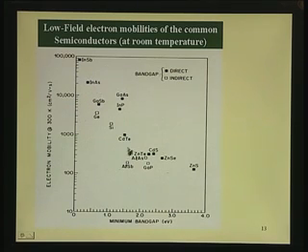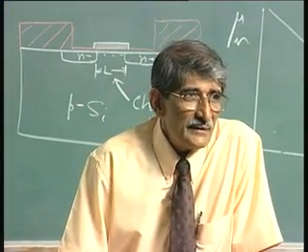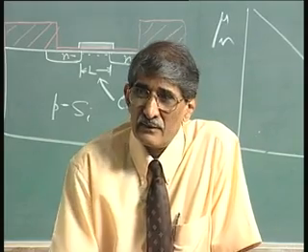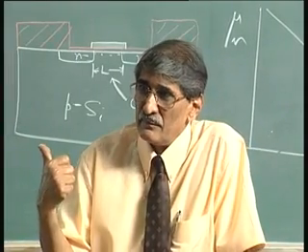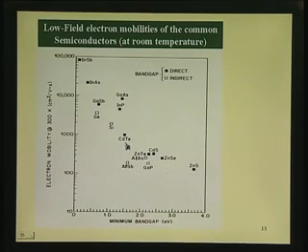And cadmium telluride is also a compound semiconductor. It is not 3-5, it is a 2-6 compound. Cadmium belongs to the second group of the periodic table, tellurium belongs to the sixth group. Similarly, zinc telluride, zinc sulfide, etc.